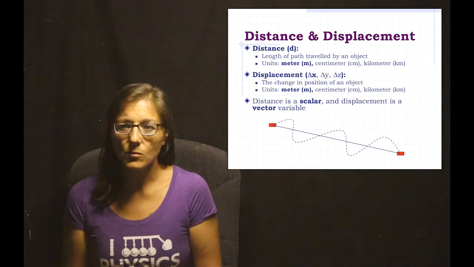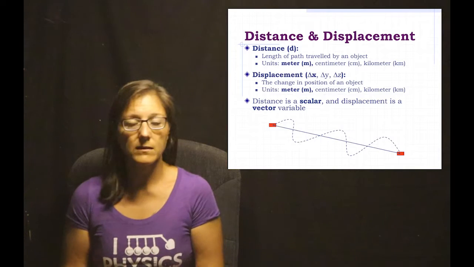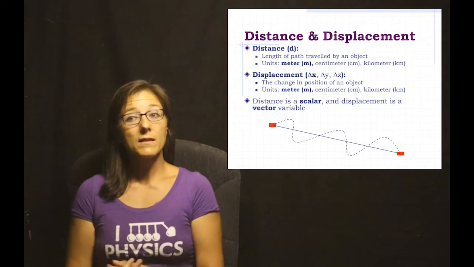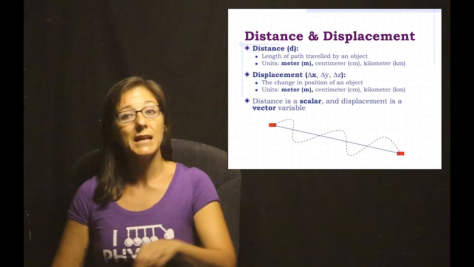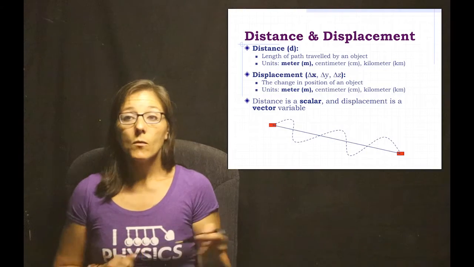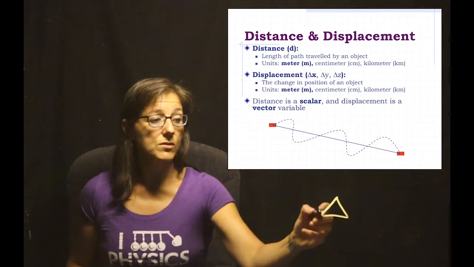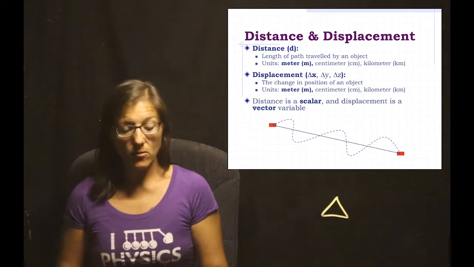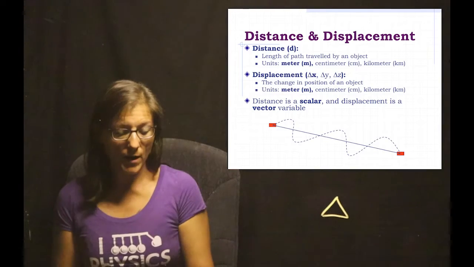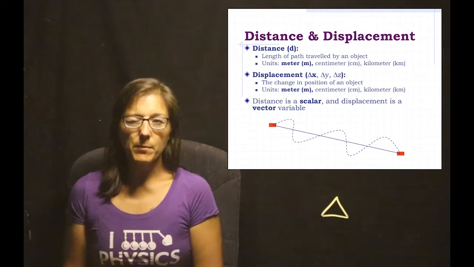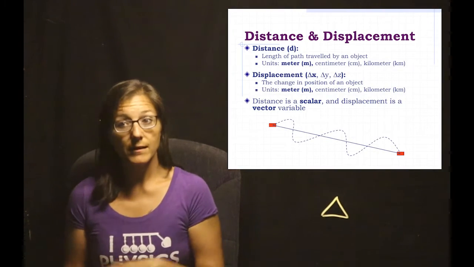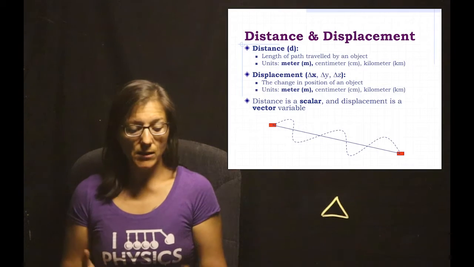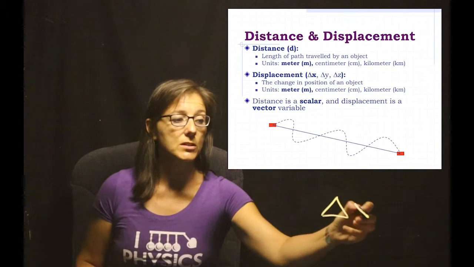Typically we denote distance with the letter D for distance, very original. But you might note with displacement, because we call it a change in position, we use a Greek letter delta, which looks like a triangle. So delta X, or change in your X position.